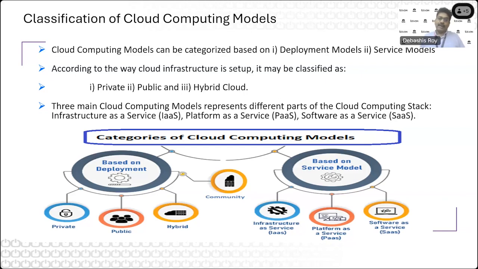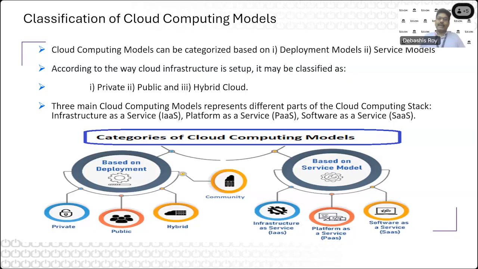We talk about infrastructure as a service, platform as a service, and software as a service. When we talk about the categories of cloud deployment, we talk about private, public, and hybrid cloud, and also community cloud.